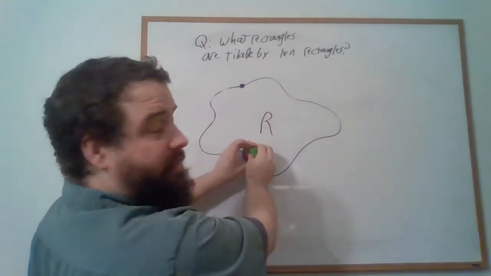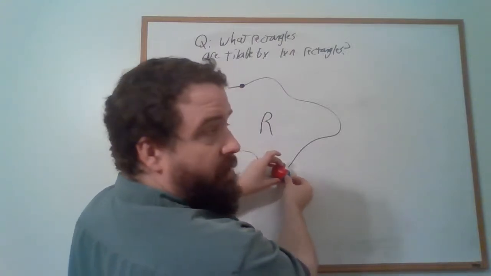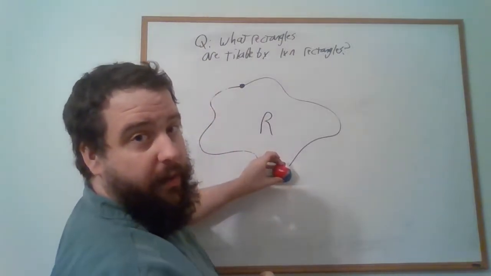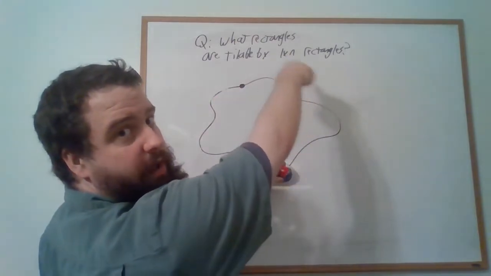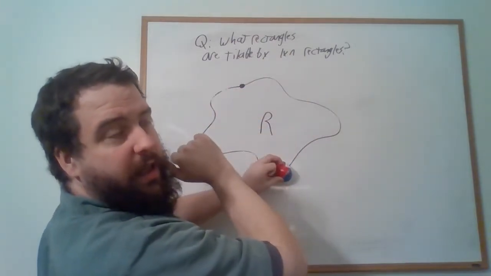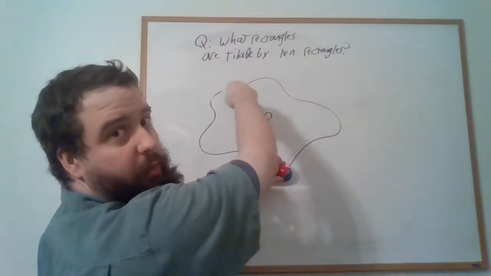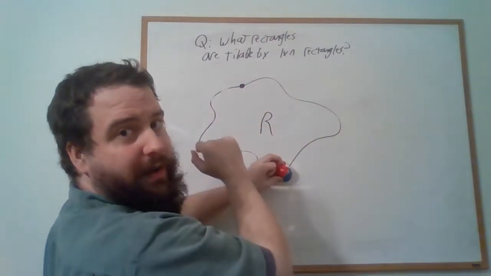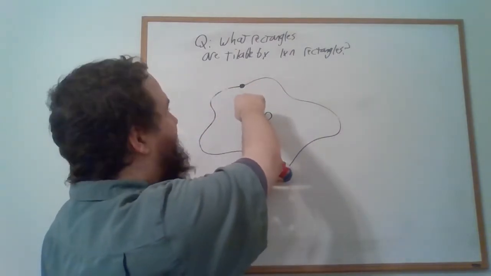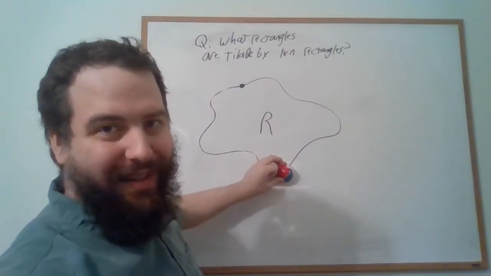I should also mention that the direction that you roll the sphere around also won't matter. Whatever happens when we roll this way around the region, it's just going to be the opposite of whatever happens when we roll this way. But if rolling this way doesn't do anything, then rolling this way will do the opposite of doing nothing, which is also doing nothing.